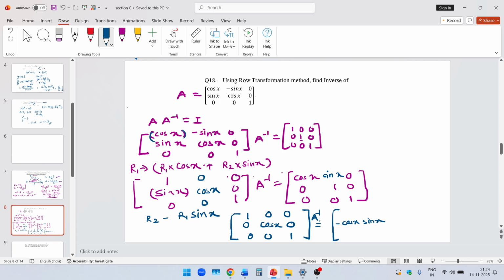All right, next, sin x will be multiplied by sin x, so it will be sin square x, and 1 minus sin square x will be cos square x over here, remember the fundamental formula. And the third element will remain as it is, it will be 0. First row will be cos x sin x 0, and third row will be 0 0 1.